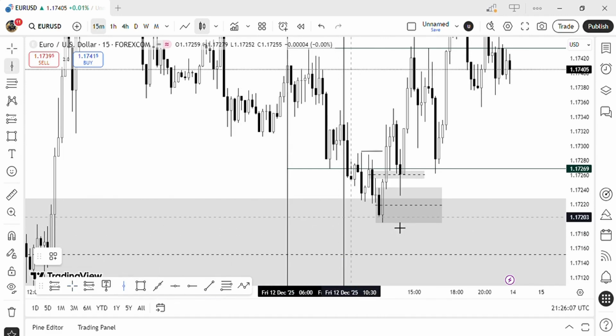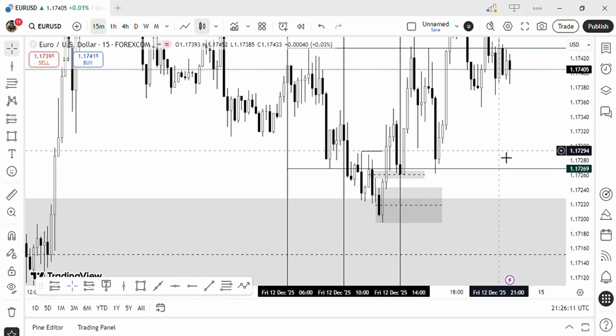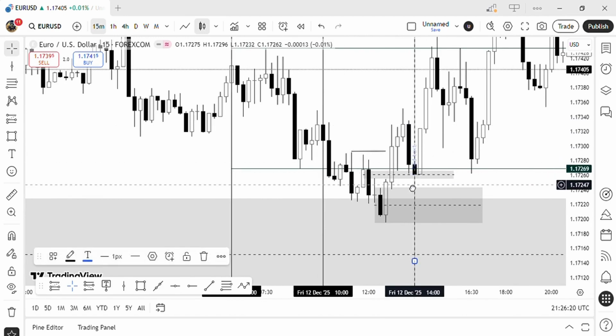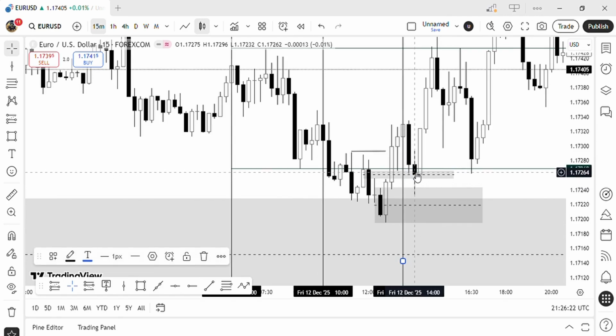The second candle also closed by 1400 UTC. So when the second candle closed here by 1400, a new candle opened right here, exactly here. Now you have a range.